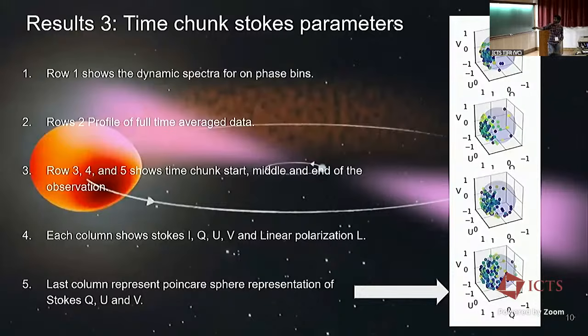So if you compose all of the plots into one plot, this is the first 20 minutes, this is the middle 20 minutes, this is the last 20 minutes. This is the average of all three components, and this is the dynamic spectra. And the last column represents the corresponding QUV plotted on the Poincaré sphere.